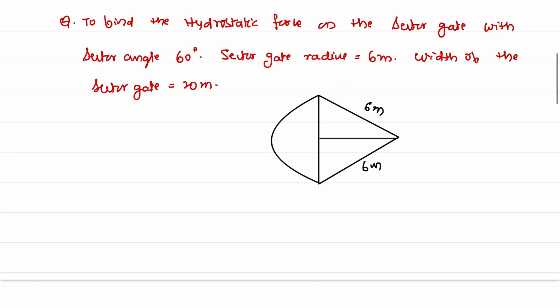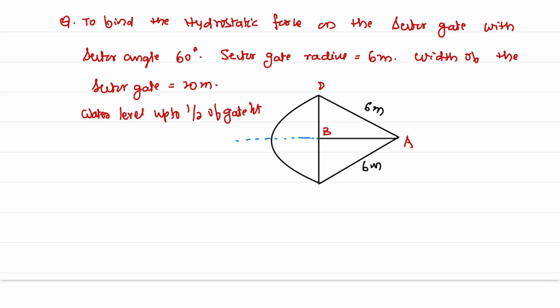The water is filled up to half of the gate. Water level is up to half of the gate's height. That means water is up to this. This we have shown as A, this as B. Refer to my earlier lecture.